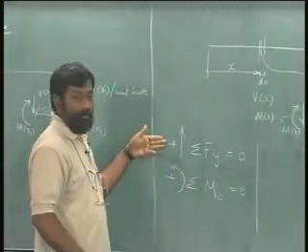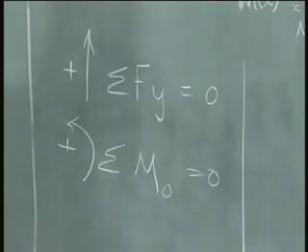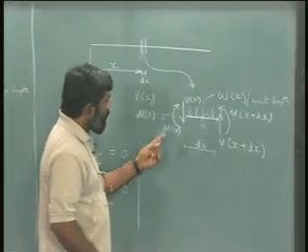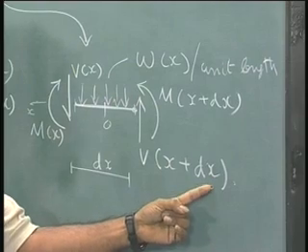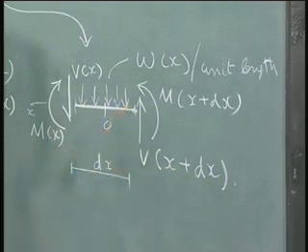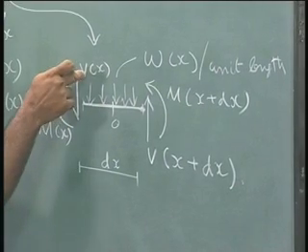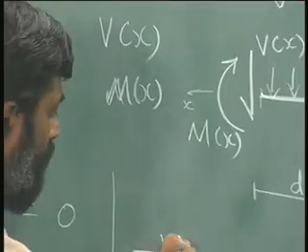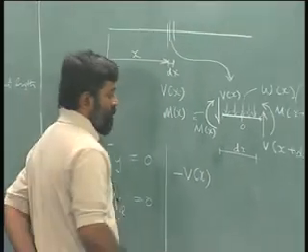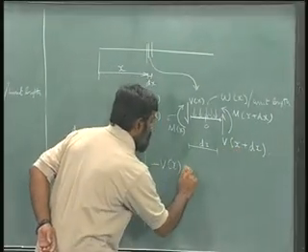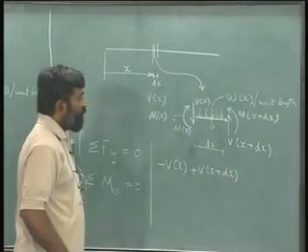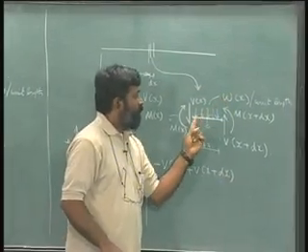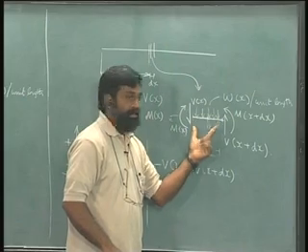Let us first start with sigma Fy equals 0. What all will take part in it? This shear force V of x, this shear force V of x plus dx and W. So, let us write one by one. This is negative in direction, so minus V of x, this is positive, so plus V of x plus dx, and there is a load over here distributed over this length which is dx.